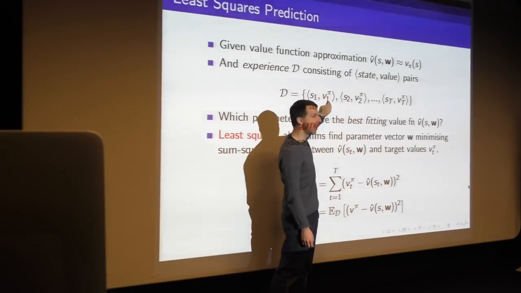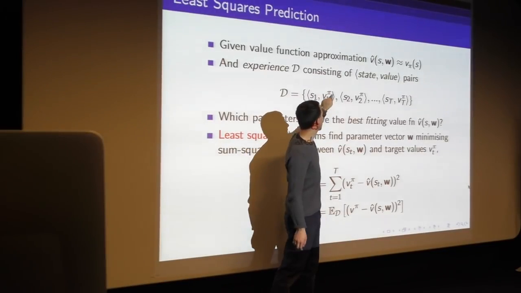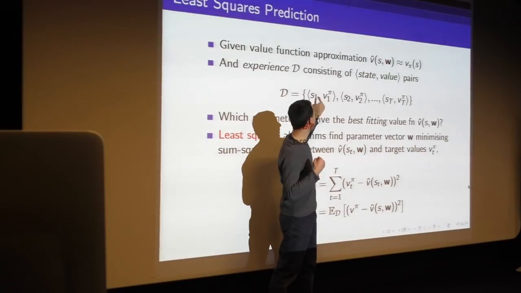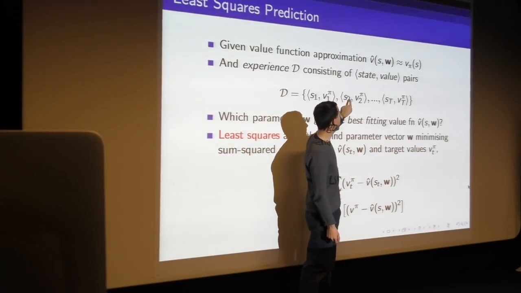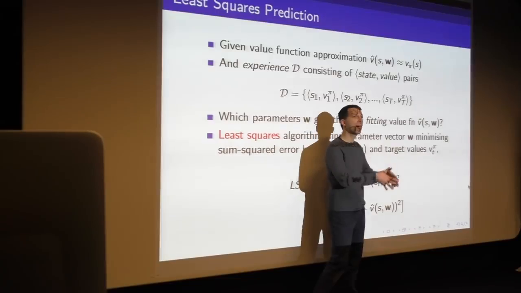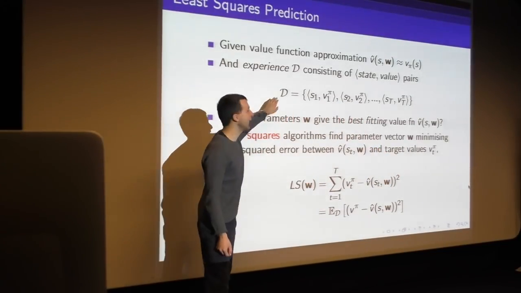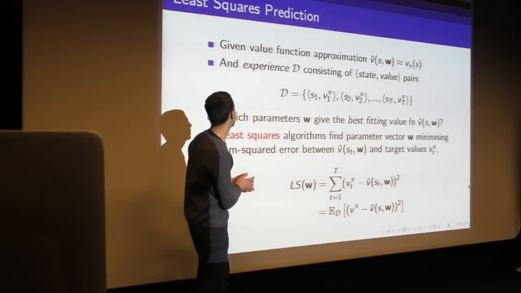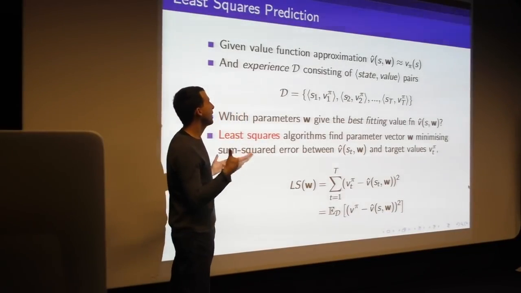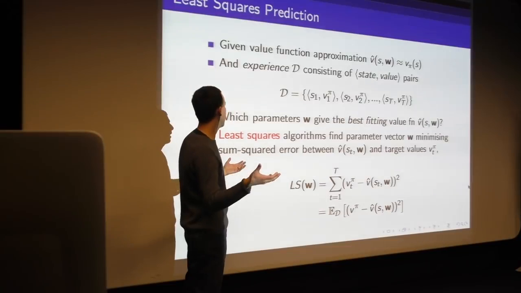We're going to call it V1 pi. That's the oracle consulted for state S1. We consult the oracle for state S2, and it gives us another value. That gives us our training set for all of the data that we've experienced, and we remember that whole data set. Now the question is, what's the best fitting value function for this whole data set?